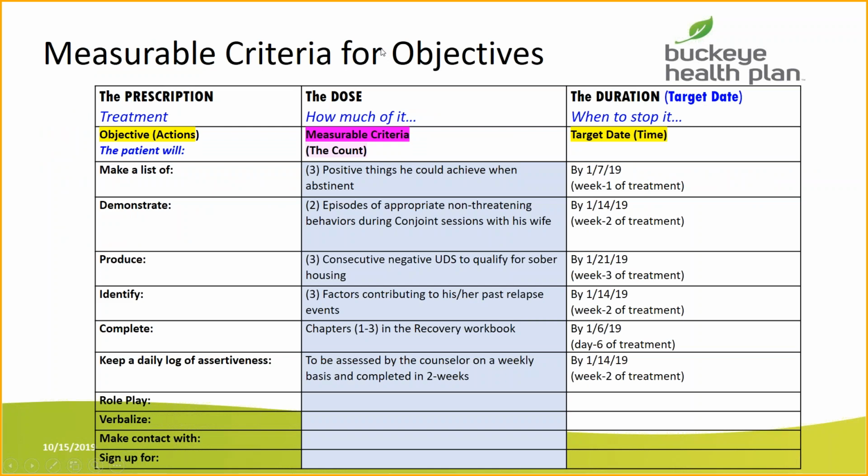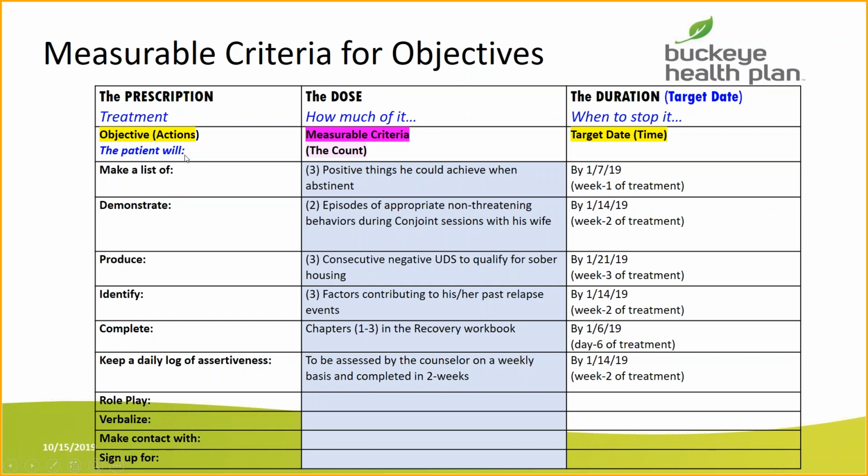And I'd like to spend some time on this because this is what traps a lot of people: this measurable criteria. So in many places it says you should have some measurable criteria for your goals. You should have some measurable criteria for your sub goals, which are objectives.